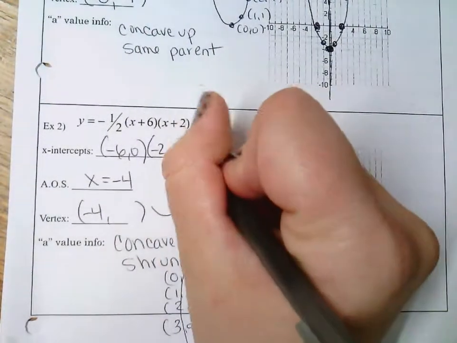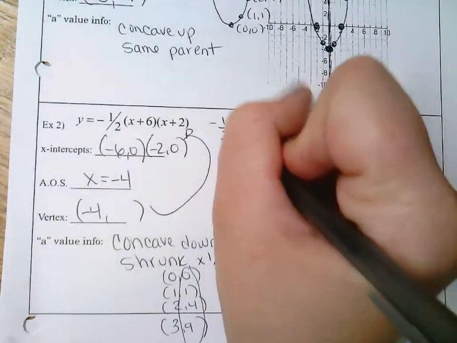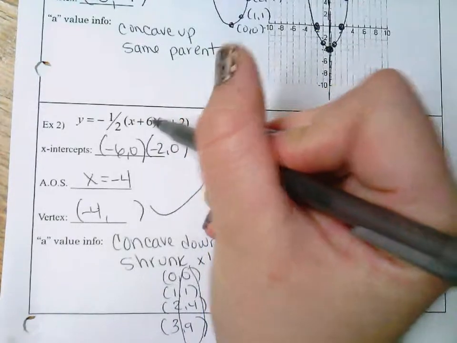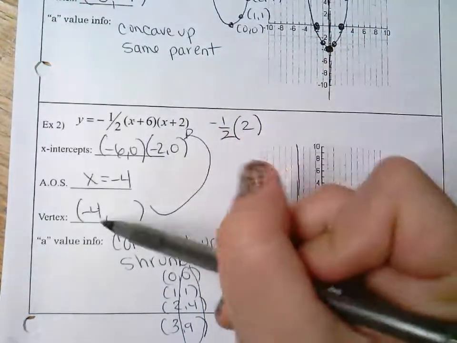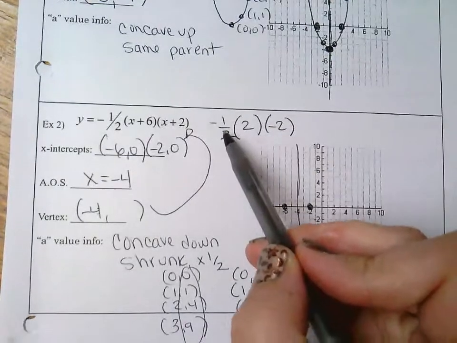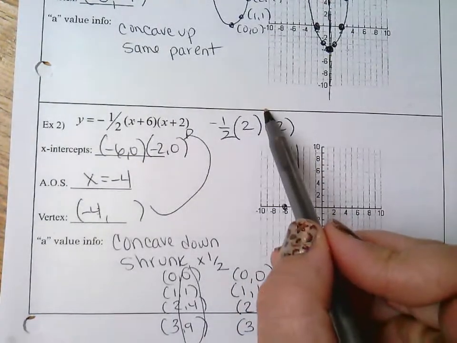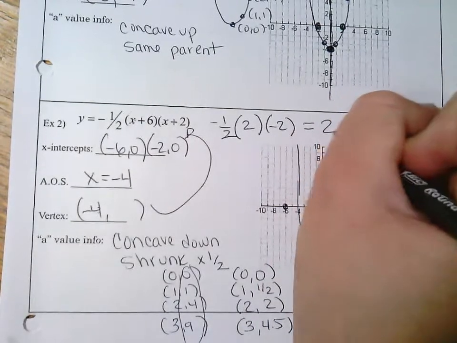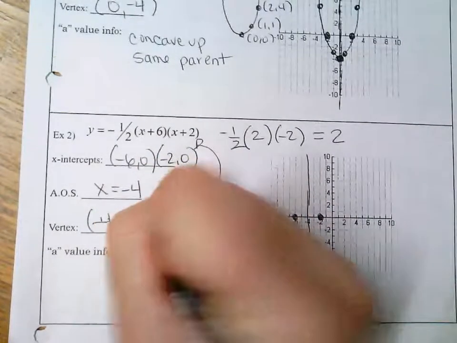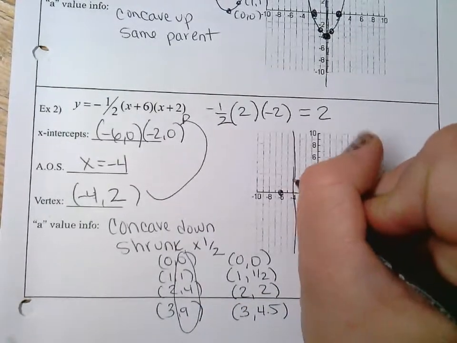I'm going to plug that back in and see what I get. -1/2. Let's see, -4 plus 6 is +2. -4 plus 2 is -2. -1/2 times -4 will be +2. So my vertex must be at -4, comma, +2.